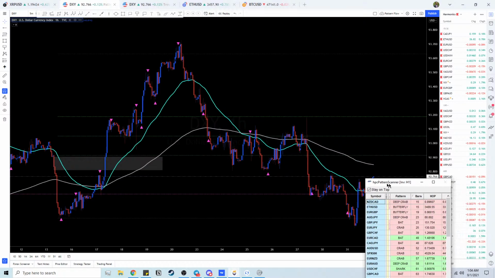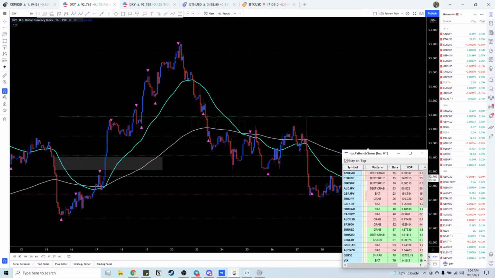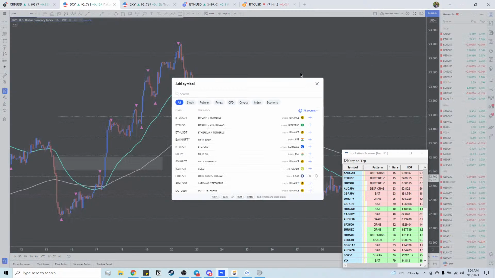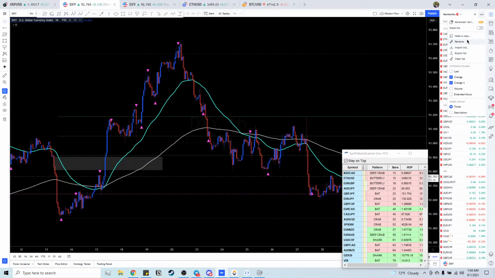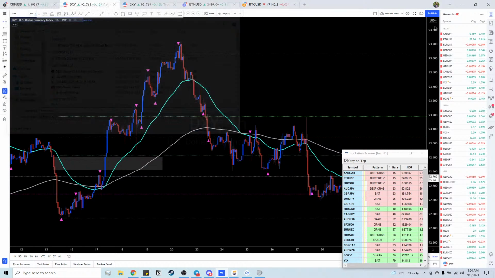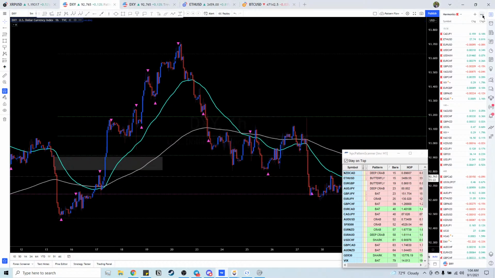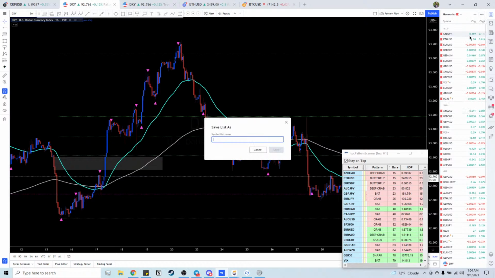So what I just had it on is MT4. I use my broker to load the feeds, and then hold on. I need to export this list. No, wait, not export it. Something else. Make a copy. There you go.